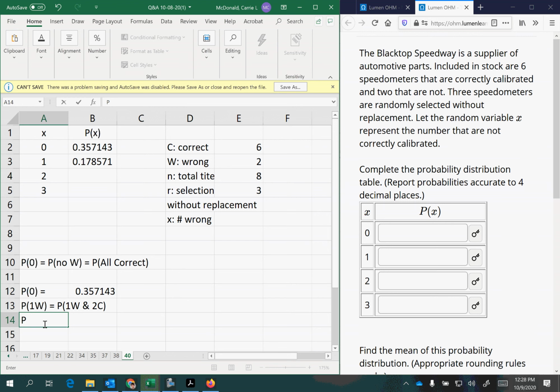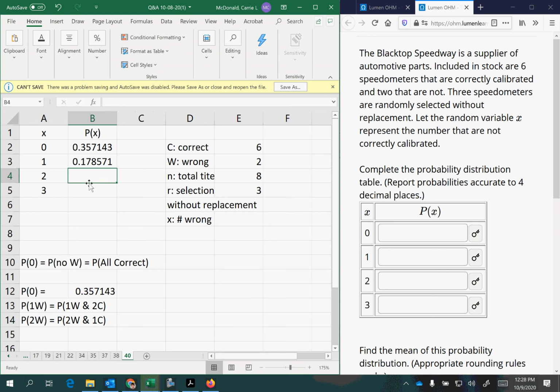So then the probability that 2 are wrong, another way of saying that, 2 wrong and 1 correct. I meant to say it the other way around.